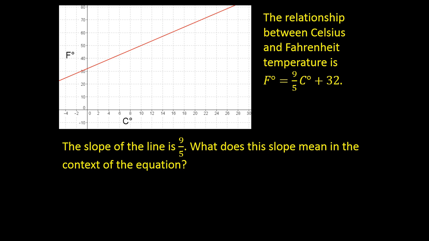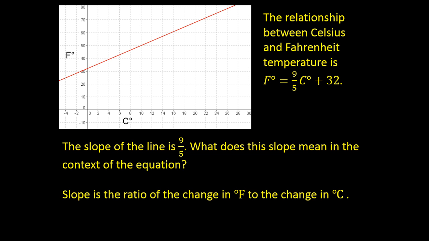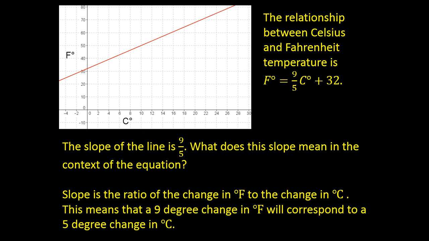So what we're really looking at here isn't a change in y over a change in x, it's a change in Fahrenheit divided by a change in Celsius. So what that really means, a slope of 9/5, is that when the Fahrenheit temperature changes by 9 degrees, then the Celsius temperature will change by 5 degrees.